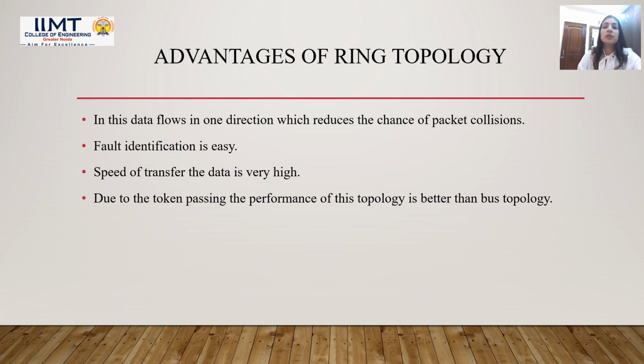Next one is that it is a more reliable network because the communication system is not dependent on a single host computer. Next point is that because of token passing, the performance of this ring topology is better and data transfer speed is very high compared to the other topologies.